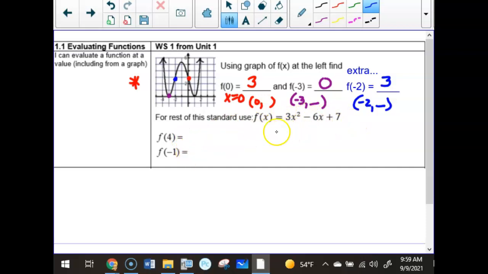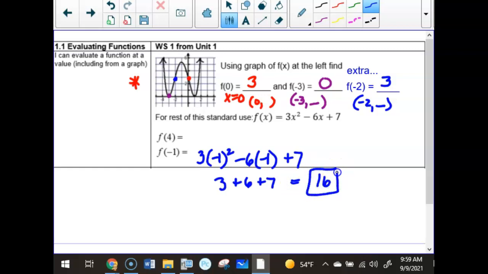You just got to put in the number, right? So if I did this one just because it's got a negative, and you'd have to remember the parentheses. This would be 3 plus 6 plus 7. You can use your calculator for all that, but I'm getting 16. Did anybody get 16 on that one? Okay. So you just put the 4 in. Any questions on those?